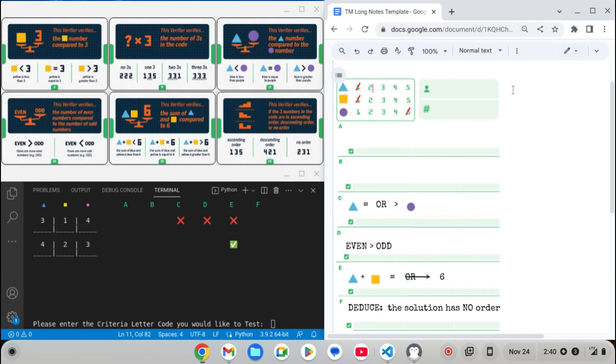Obviously it can't be a 3 because you would have to add it to another 3. And again, to have a sum of 6, you'd have to have 2 of the same kind. You can't have 2 odds. So essentially, we're crossing out all of the odds in triangle and square.